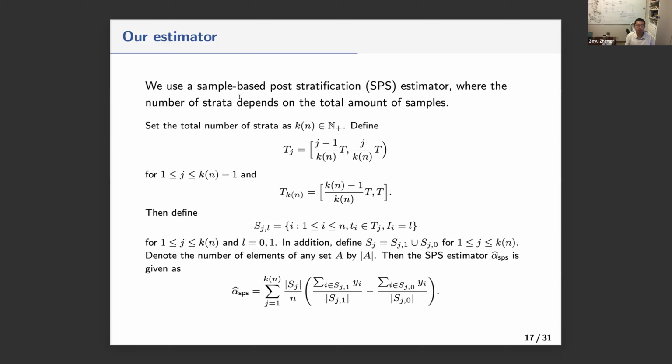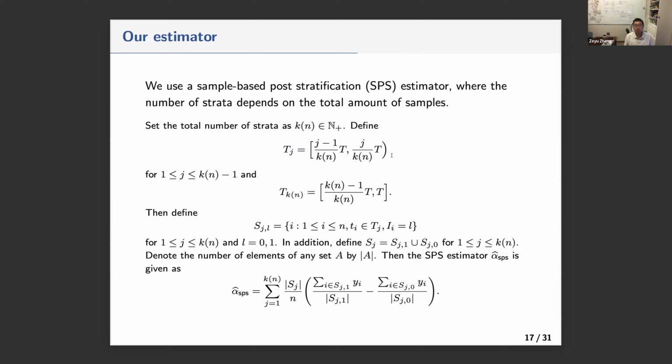If each level is 1 millisecond, it may not contain even one sample, but we need each small time interval as the strata to contain a considerable amount of samples. So the number of stratification levels depends on the samples, and also how long each stratification level is can depend on the sample.